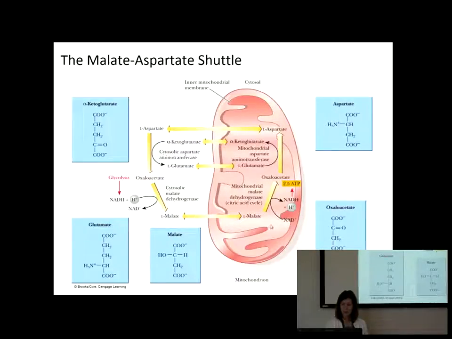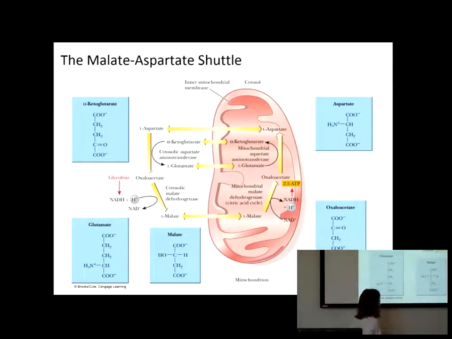Once we're in the matrix, we're going to pass it back to NADH. That's really what I want you to remember: we transfer the electrons to malate, malate is permeable to the membrane, and once the malate is in the matrix, it passes it back to NADH. But I want to talk about it a little bit more.